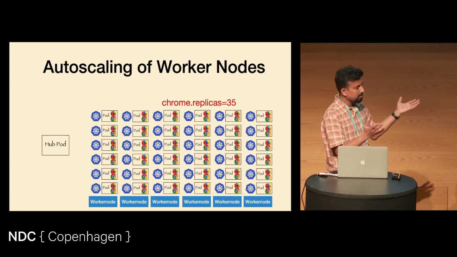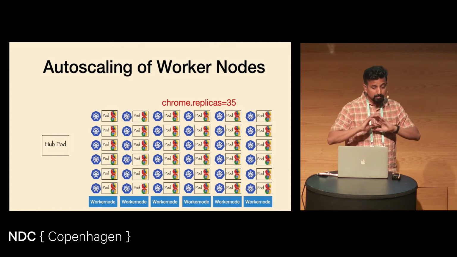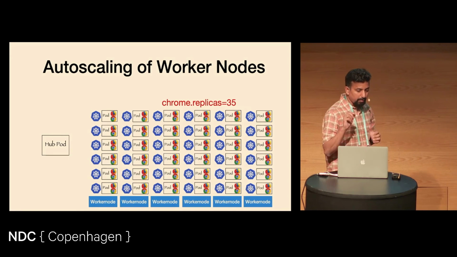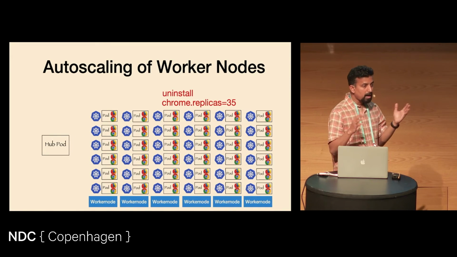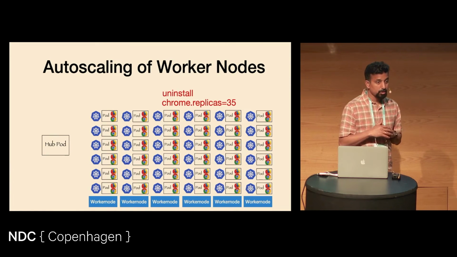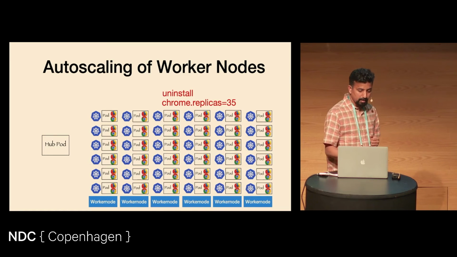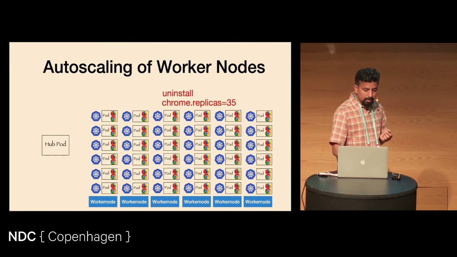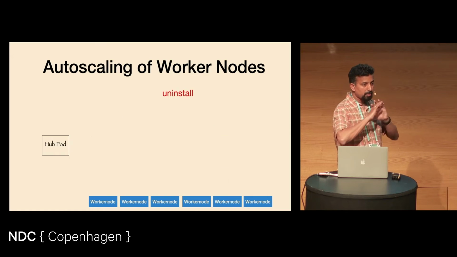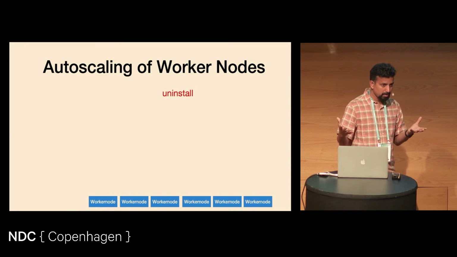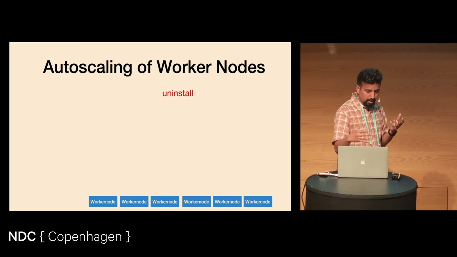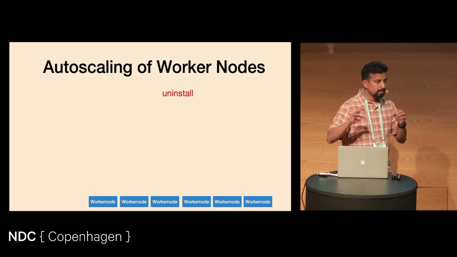Then you can run your tests concurrently, and once you finish, you say I'm done, uninstall, or destroy. Uninstall is a command. What's going to happen now is your pods will be destroyed, and the hub and node, everything will disappear.